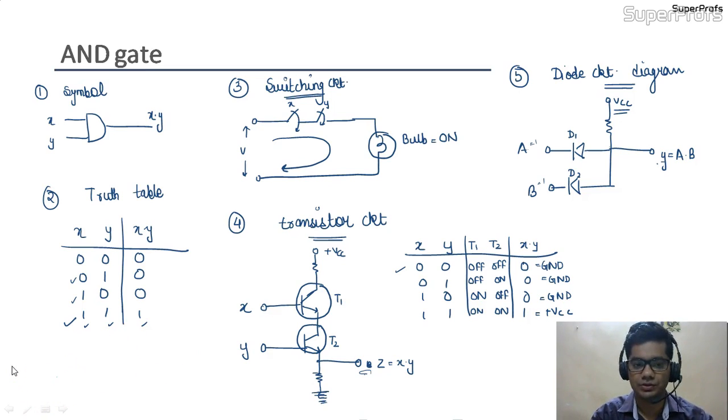So symbol, truth table, switching circuit, transistor circuit, and diode circuit diagram.